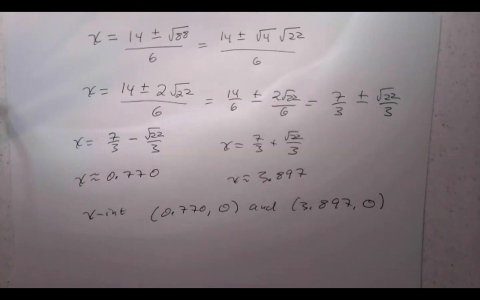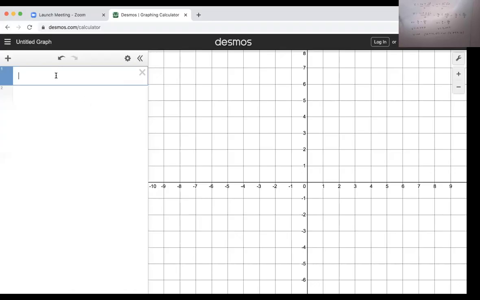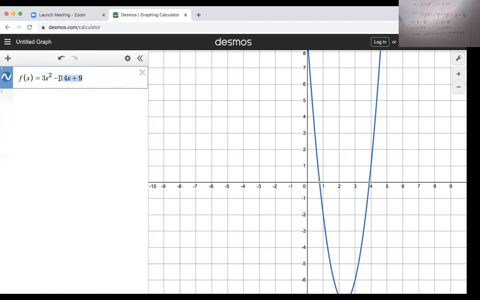To Desmos. When I am ready to go to Desmos, we're going to graph this. So here it is. We're going to pull it up. It is f of x equals 3x squared minus 14x plus 9 divided by x minus 4.